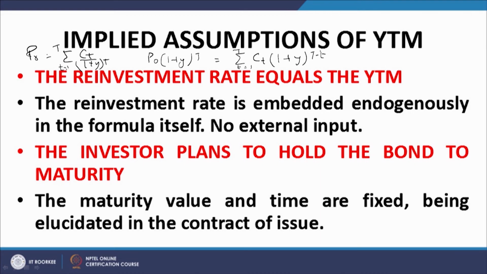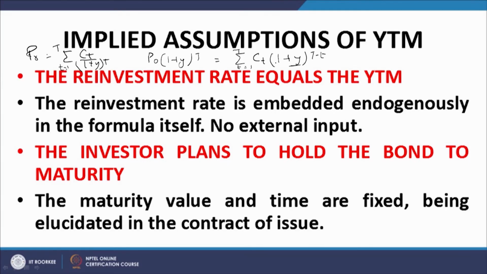Now, this clearly shows that all intermediate cash flows are being invested at the YTM rate. So, this is what the assumption tells us, that all intermediate cash flows are reinvested at the YTM rate. And this assumption is a part of the formula, as you have seen in the derivation that I just showed you.